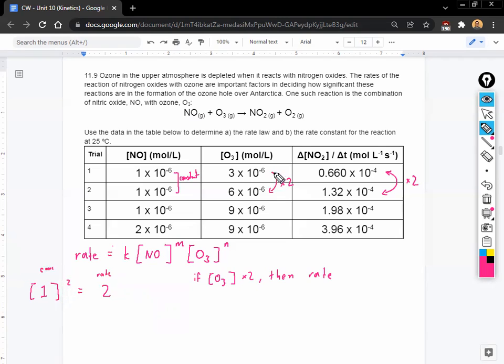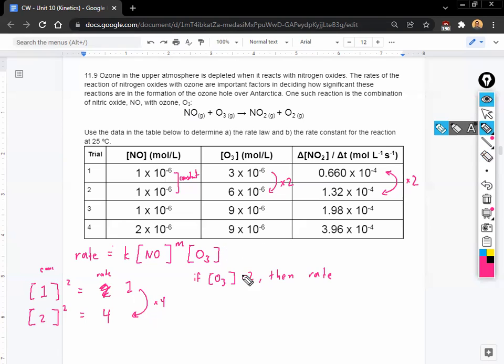Right here we doubled O3, so the doubled concentration is 2. But if the exponent is 2, what's going to be the rate? Yeah, 4. So the exponent cannot be 2, because then we're going up by times 4, not by times 2. So what does the exponent need to be? 1.